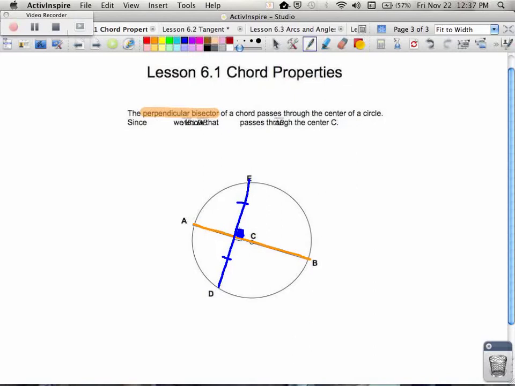Then I also know that that perpendicular bisector in orange, called AB, will also pass through the center of the circle, called C. So if we have a perpendicular bisector AB of a chord DE, then I also know that that perpendicular bisector AB is passing through the center of this circle C.